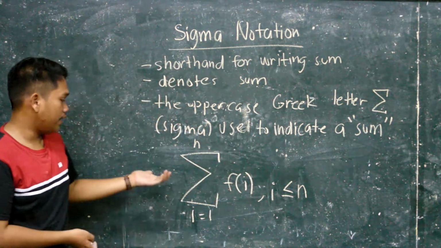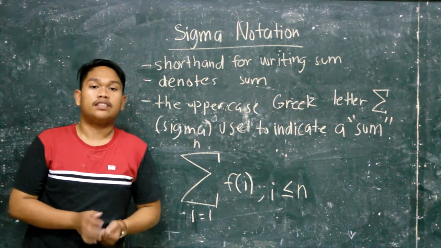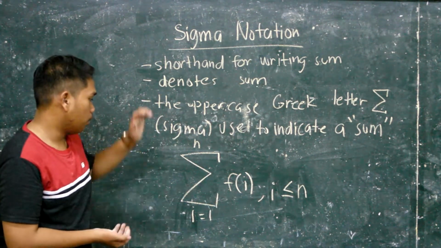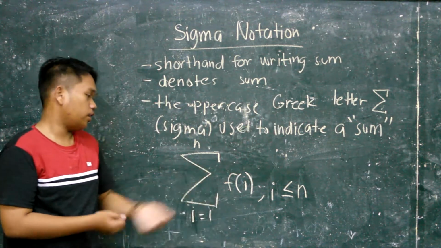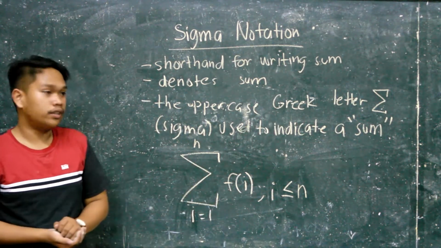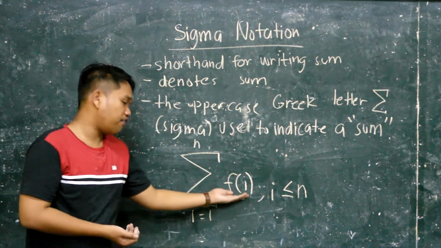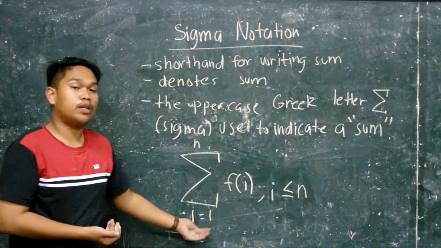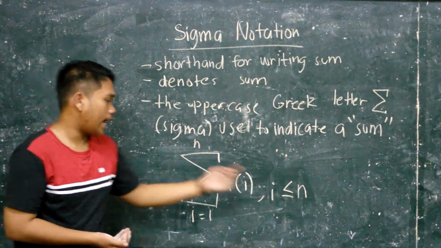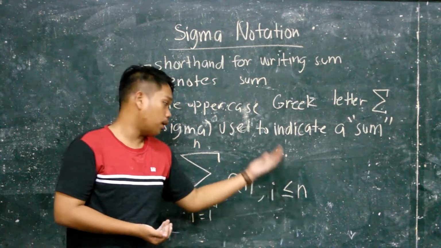So we have here an example of a sigma notation. This illustration can be called the summation of f(i) from i equals 1 to n, wherein i is less than or equal to n.